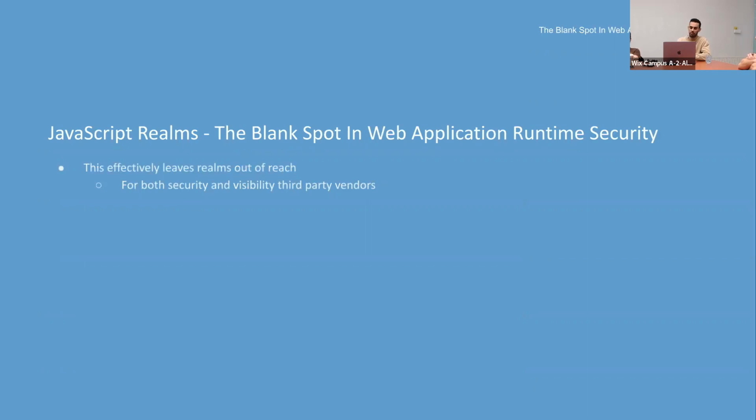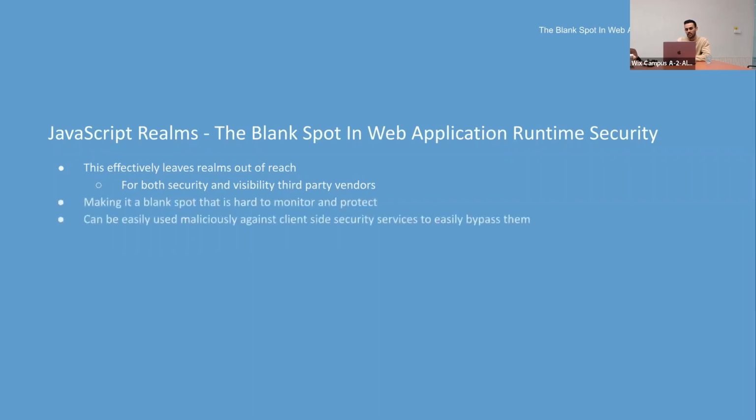So whatever they try to apply, it won't automatically apply to same origin realms, and attackers that manage to run code from within the application would be able to mess around with the security mechanism that we're trying to apply. So that makes same origin realms, to me, kind of a blank spot that we should find a way to fight against.